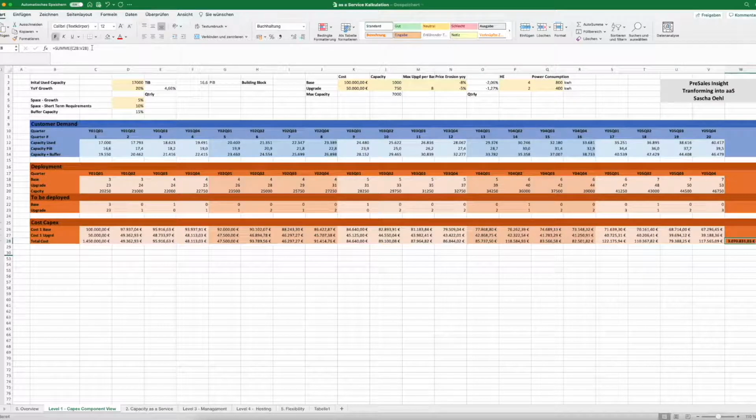Summing it up, with no financial impact here of interest rates or so, it sums up to somewhere above 3 million. This is a first step that we do. With this understanding, we know what hardware we need to fulfill the customer demand and what costs would be associated with it.